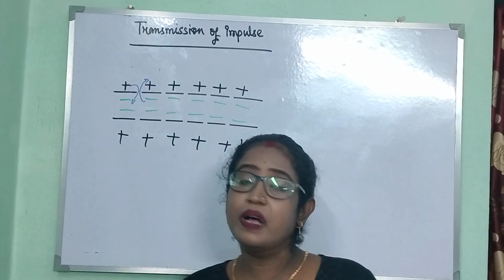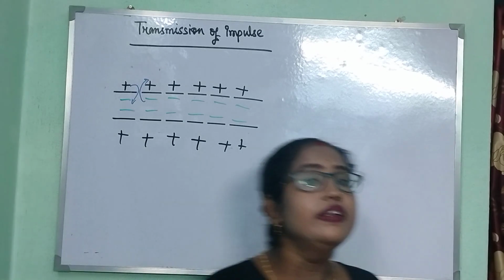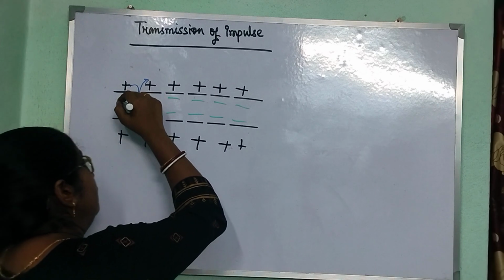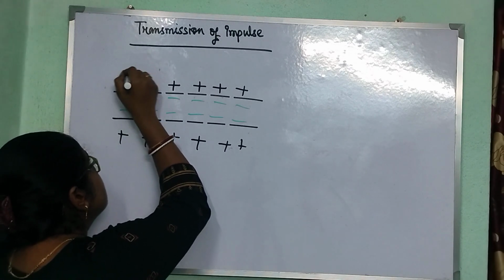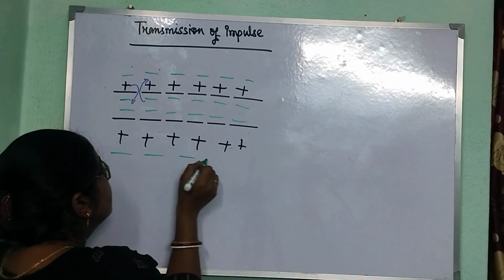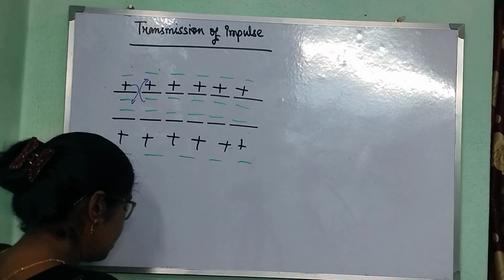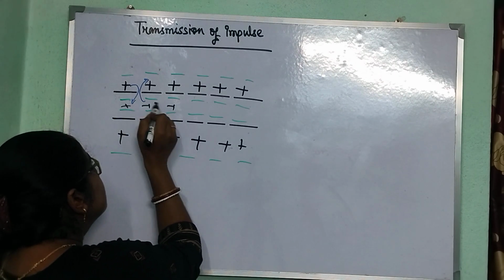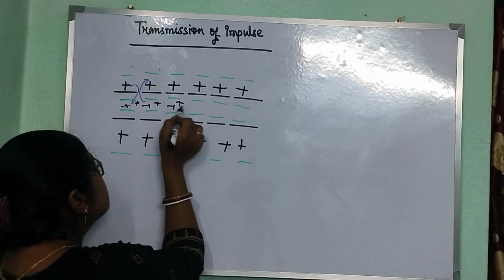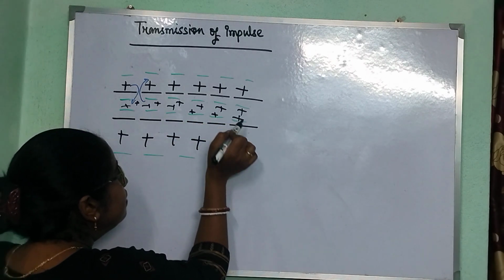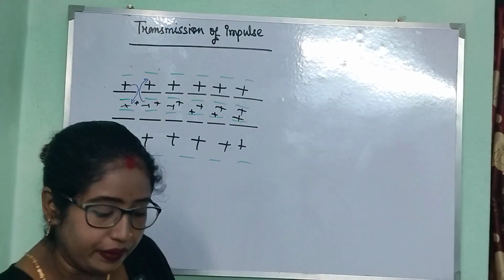But when the impulse comes, the ion gate opens, and the negatively charged ions go outside, whereas the positively charged ions go inside. This makes the impulse travel further.